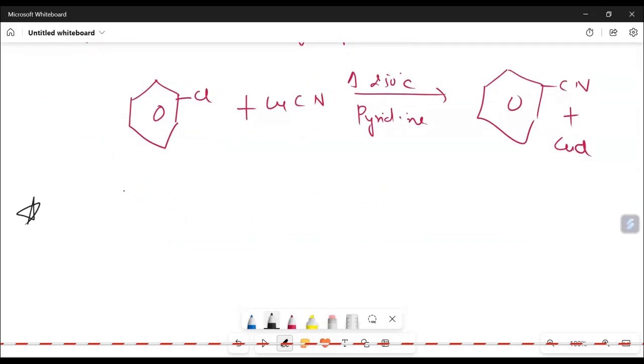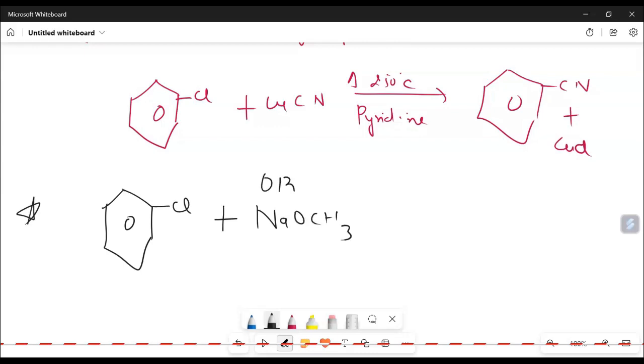Next reaction is very important. Mark it, very important. In this reaction, Cl reacts with OR group. OR group means you can say NaOCH3. In this reaction, what will happen? This reaction proceeds at 250 degrees Celsius by heating.